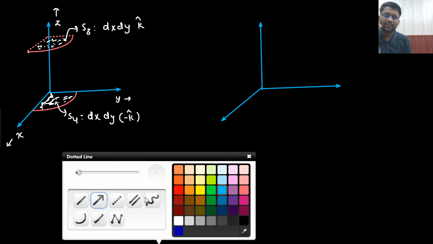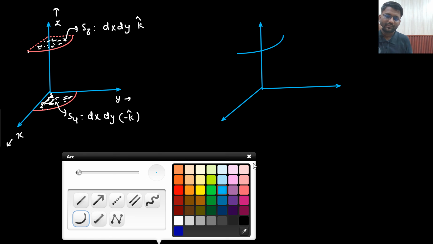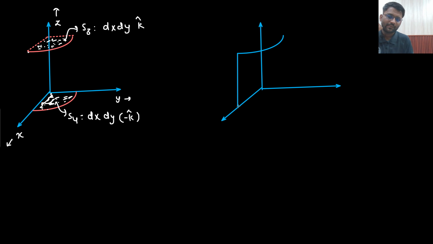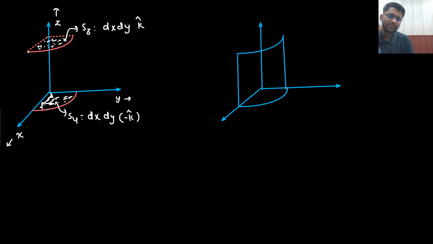Say yes or no. We already know how to write the surface area vector for a given curved surface. I need to write down the surface area vector for this curved surface S5. How will I write it down?